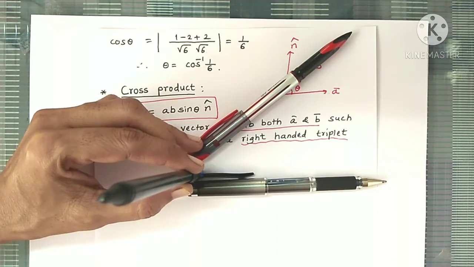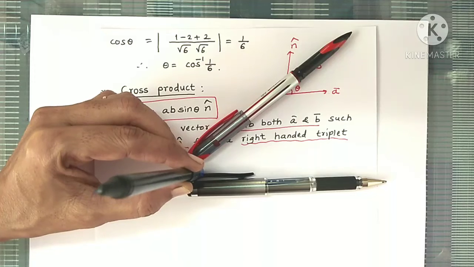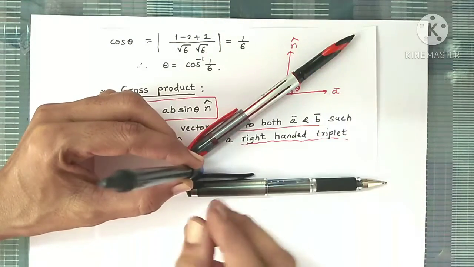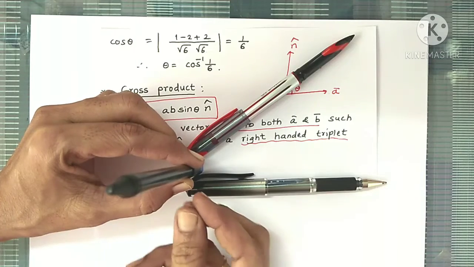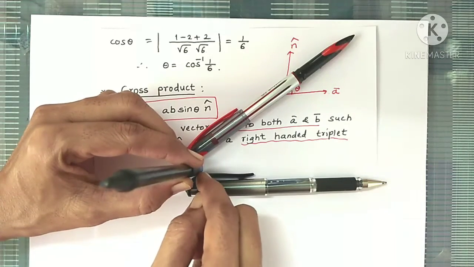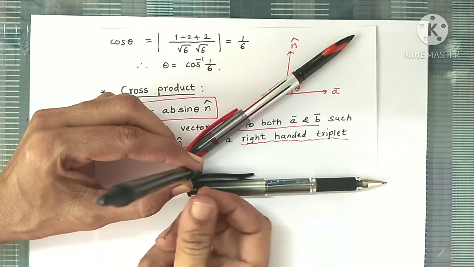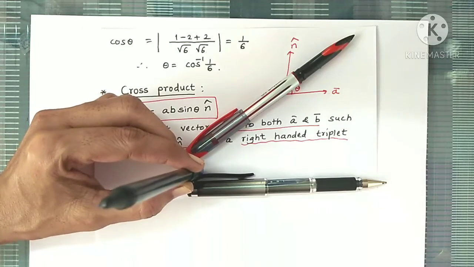But remember that n cap is perpendicular to a bar and b bar, and a bar, b bar, n cap form a right-handed triplet. So if this is a bar and this is b bar and this is n cap, if I place a screw here pointing upwards and rotate the screw from a bar to b bar, it moves upwards.